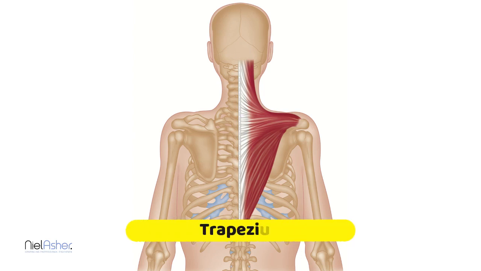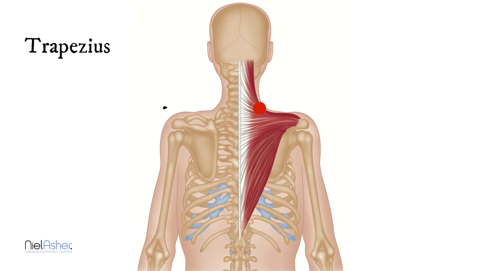There are two trigger points that are of great importance. The first one is here. This is trigger point number 1. This trigger point occurs in the free edge of the trapezius muscle, and it occurs where the lateral fibers turn around and become vertical in the angle of the neck and the shoulder.